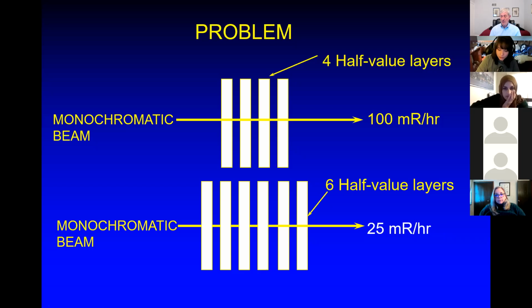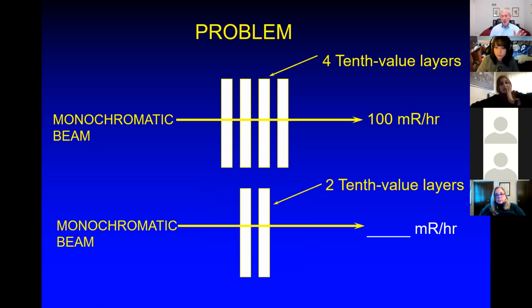There it is. Now, I'm going to give you the same 3 problems, but here we're going to deal with TVLs. I think people seem to have more trouble with TVLs than half-value layers, but it's not hard. You just keep dividing by 10 or multiplying by 10. With HVLs, you either kept multiplying or dividing by 2. So here, we have 4 TVLs in place. The reading is 100.